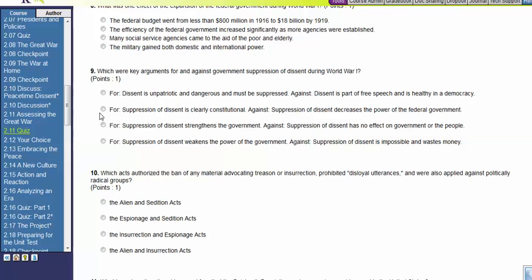Against, suppression of dissent decreases the power of the federal government. For, suppression of dissent strengthens the government. Against, suppression of dissent has no effect on government or the people. For, suppression of dissent weakens the power of the government. Against, suppression of dissent is impossible and wastes money.